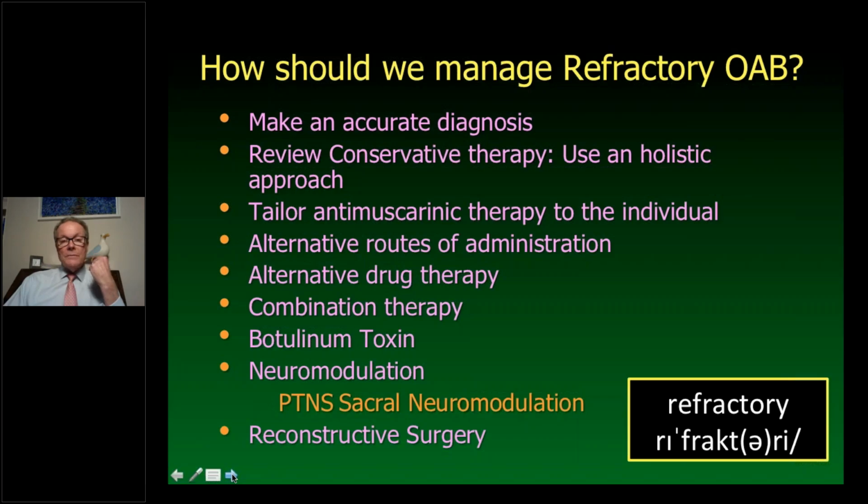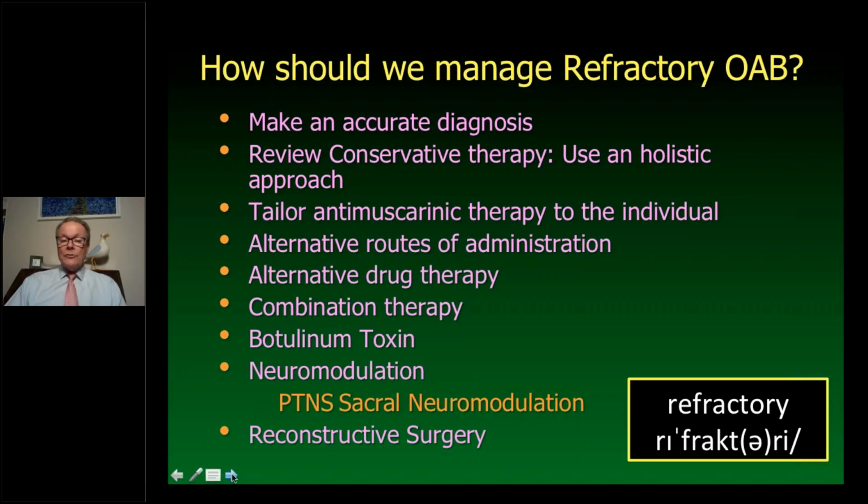When we think about drug therapy, we need to try and tailor that drug therapy to the individual. And by doing that, we may consider alternative routes of administration, perhaps using the oxybutynin patch. We may consider alternative drugs. So we now have antimuscarinic drugs, and we also have meropenem. We may think about using the two of them together, of course, in terms of combination therapy.